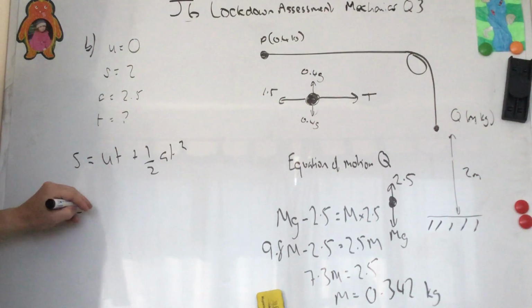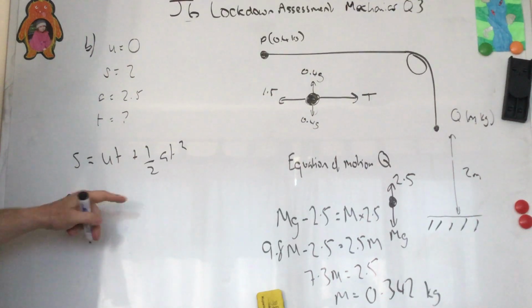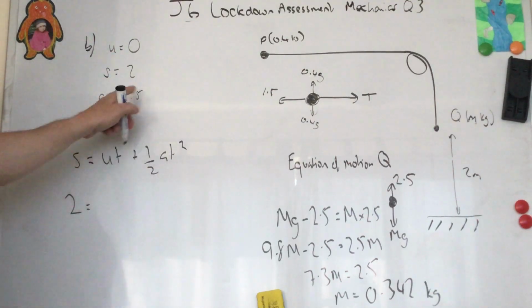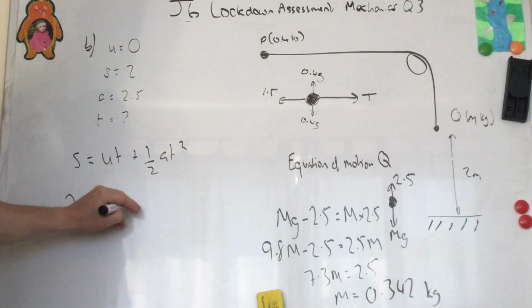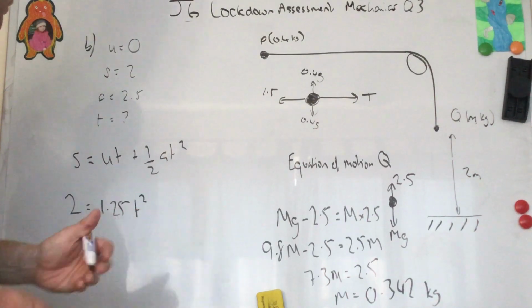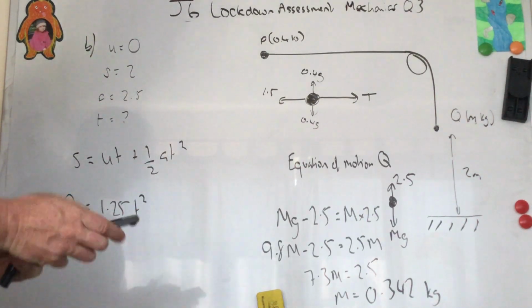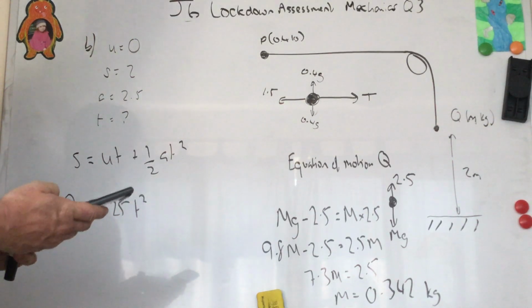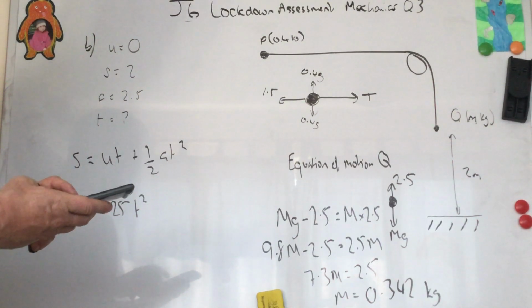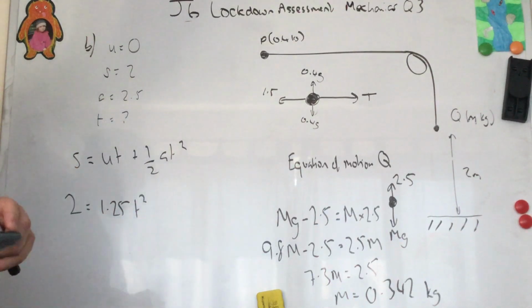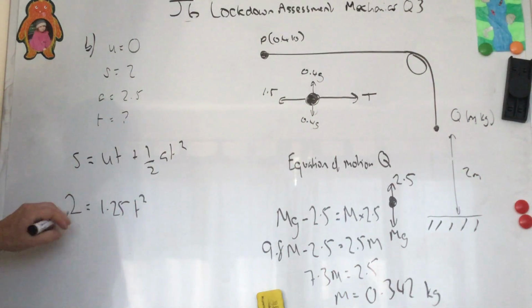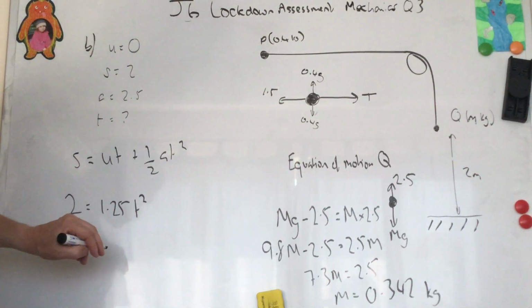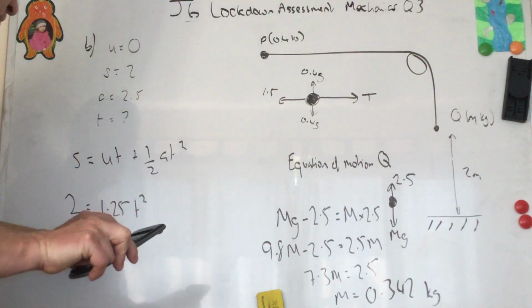So we get 2 equals 0T plus half A, so half A is 1.25, T squared, so 2 divided by 1.25, and then square rooted. So we get T equals 1.26 seconds.